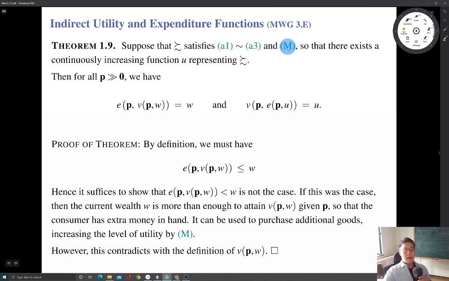And by the representation theorem, we know that under these conditions, there exists a nice utility function u, continuous and increasing and representing the consumer's preferences. And then we need one more condition, that is a strictly positive price vector. And under this positive price vector, we have the following.